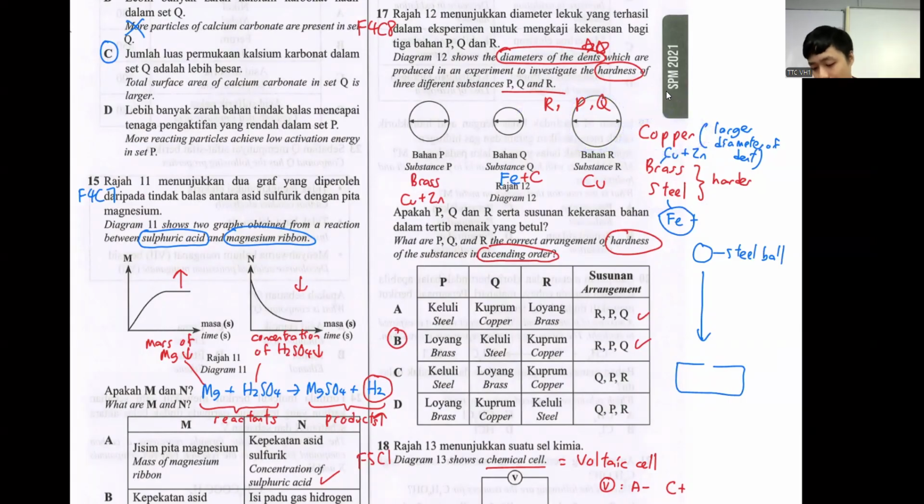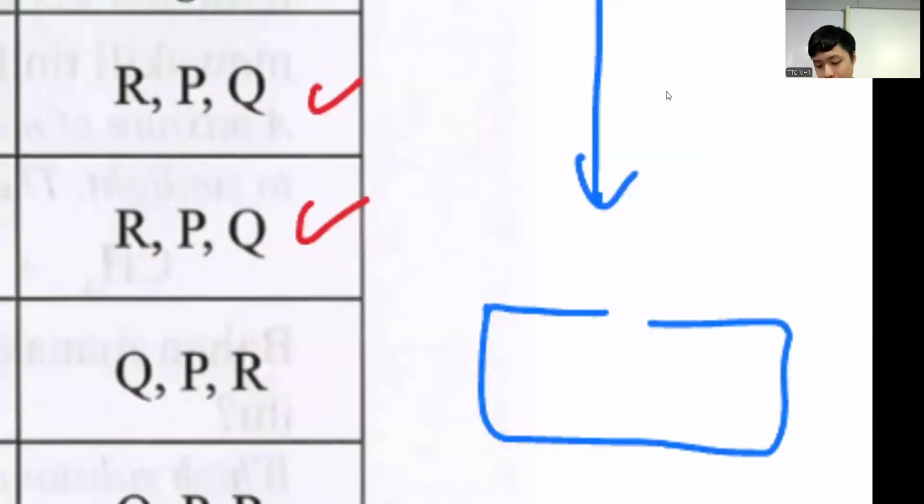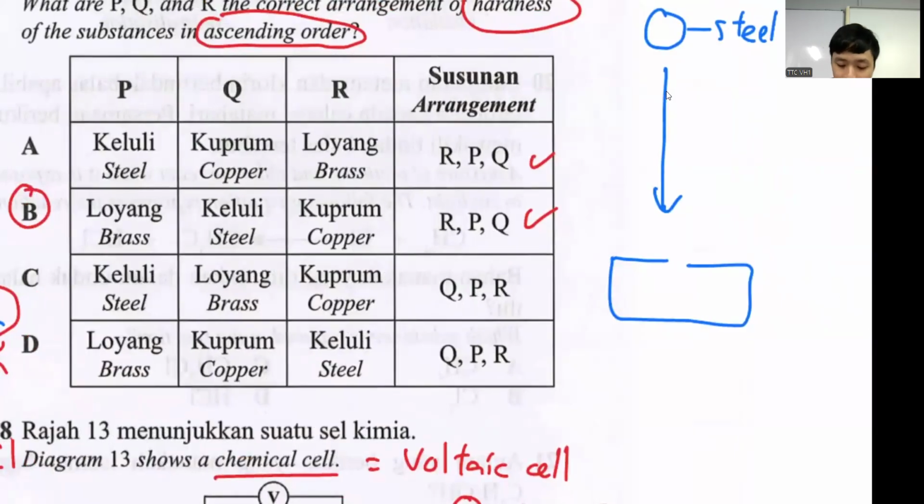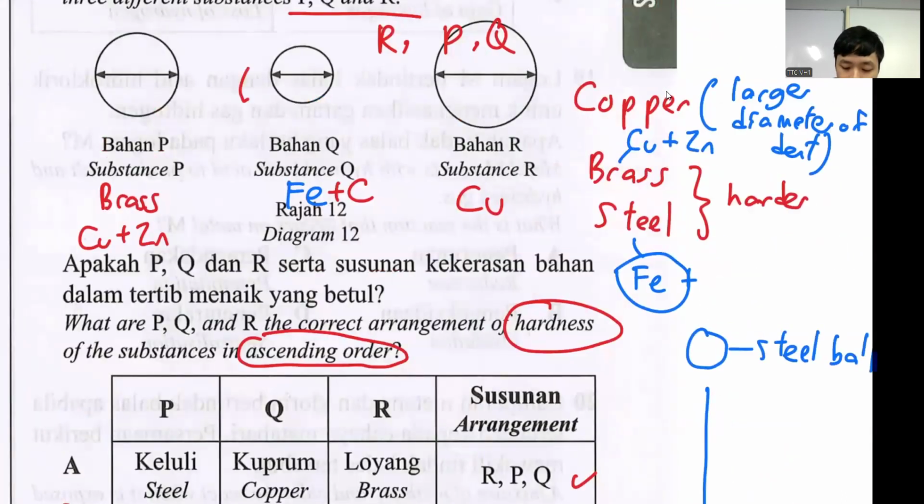I'll show you that. So imagine, if it is copper, the diameter of the dent is like this. If it is brass, the diameter is like this. If it is steel, the diameter is like this. So that's why you see the circle for the diameter for steel is smallest.